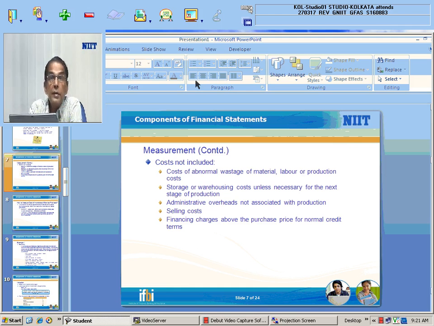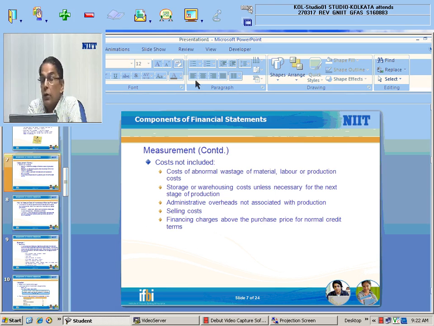Administrative overheads, which are not associated with production, will be excluded. Administrative overheads, if they are directly related to the production process, then they can be allocated to the inventory. But otherwise, administrative overheads which are not associated with the production process will be excluded.